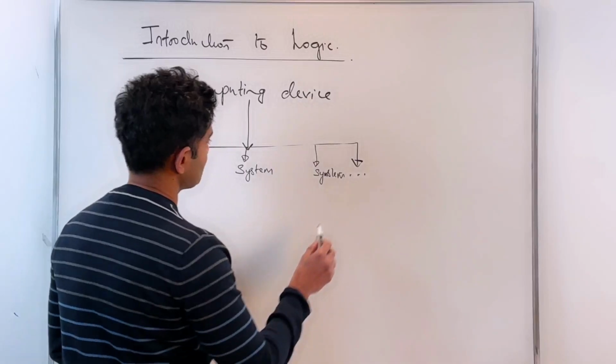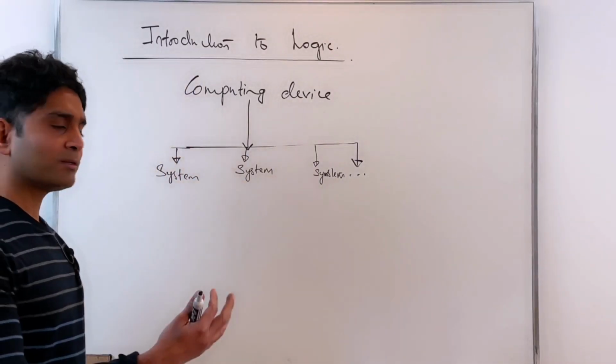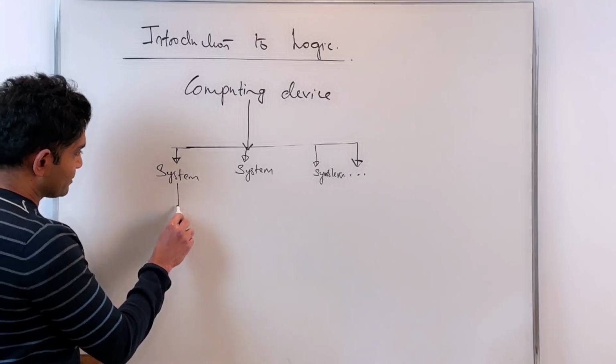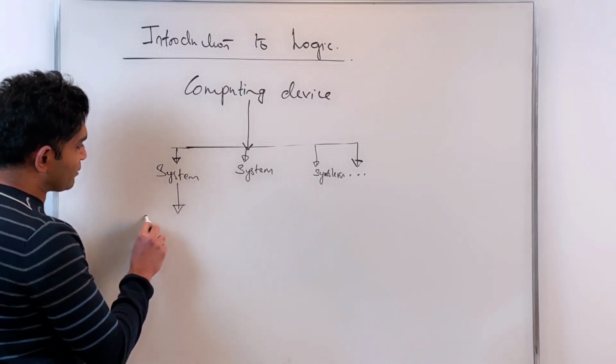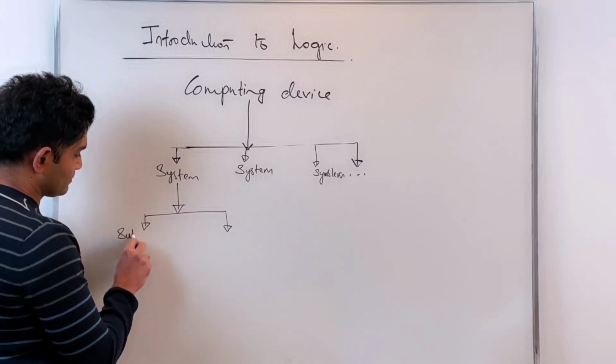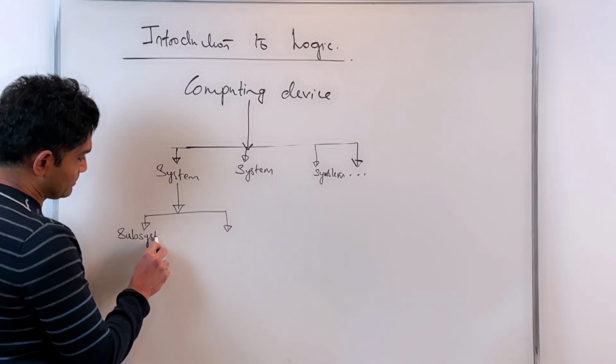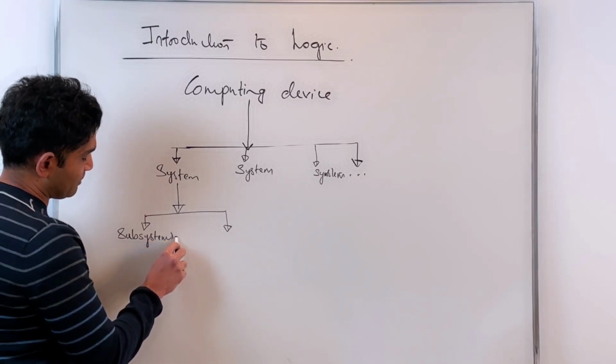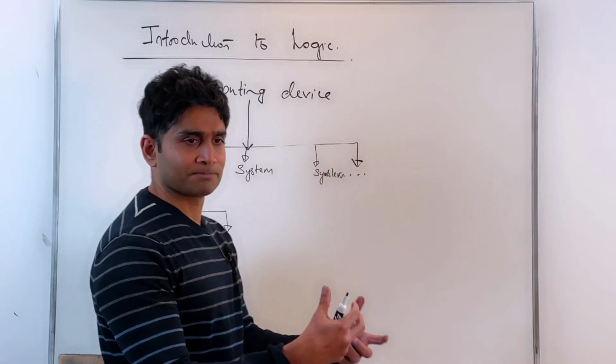So if I go down further hierarchy, your systems themselves consist of multiple subsystems. Yeah, multiple subsystems forming that system. Okay.